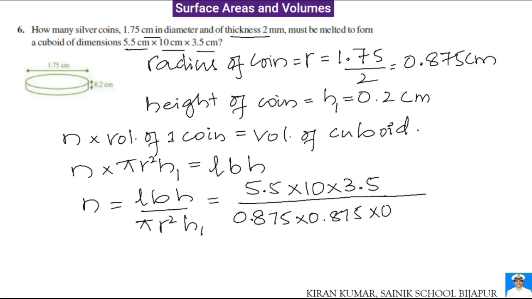H1 is 0.2. Pi value I have to take, so I'll write 22 by 7. This has to be simplified. Please try it out. You will get 400. Therefore, the number of coins is 400.